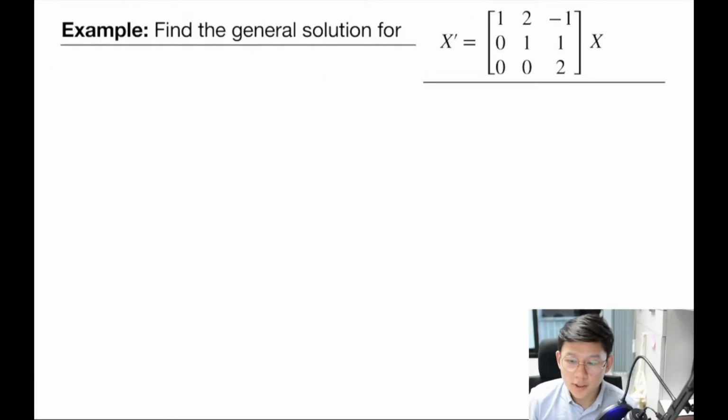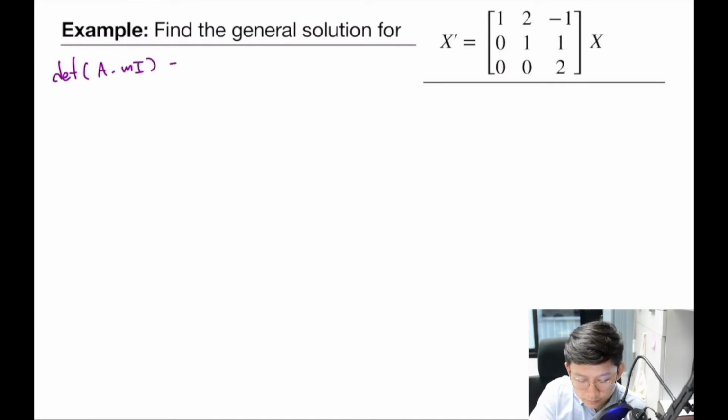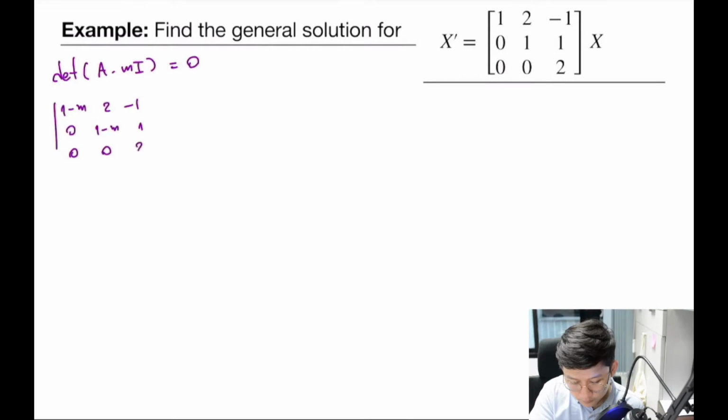Okay, next example. Find the general solution for this equation. Again guys, first we look at the characteristic equation. In this case we have 1 minus m, 2, minus 1, like that.